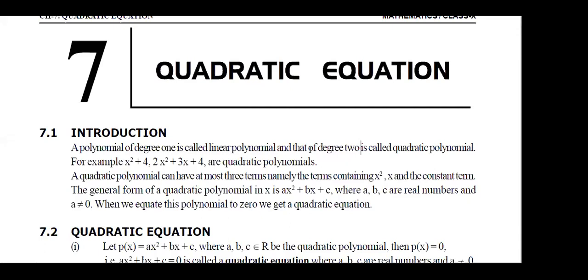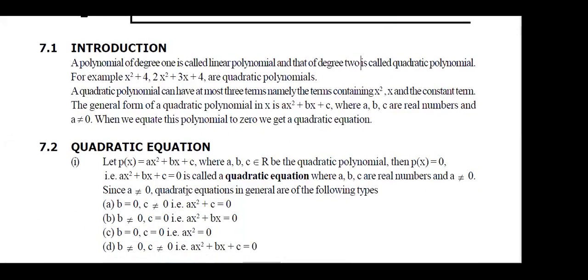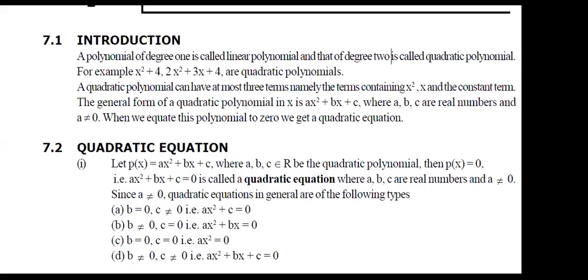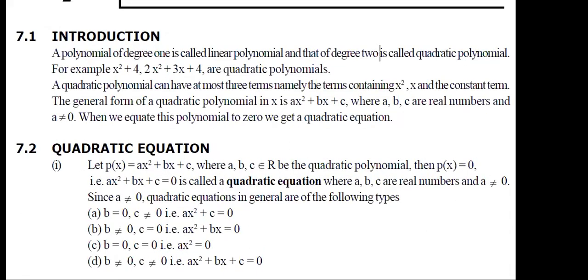For our syllabus, we just have to remember only one variable, but it may be in two variables also. Now, the standard form of quadratic equation is ax square plus bx plus c is equal to 0. The values of a, b, and c can change.